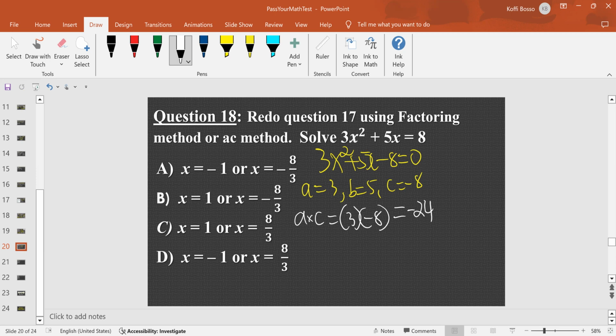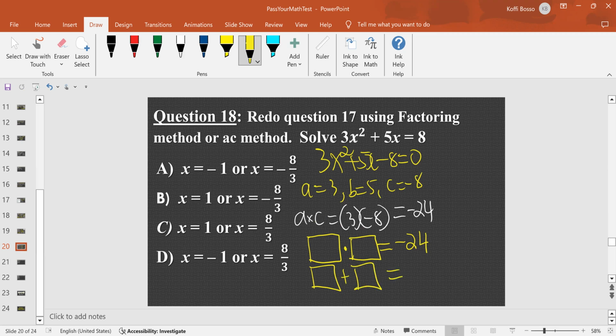Okay, now we're going to play a little game. So we're going to find two numbers, right? We multiply the two numbers to get negative 24, and we add the same two numbers to get the middle term, which is 5.